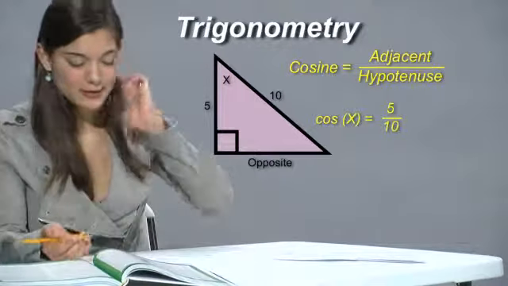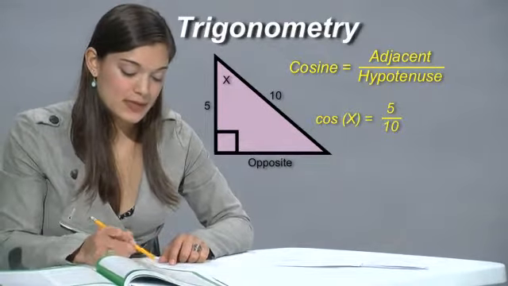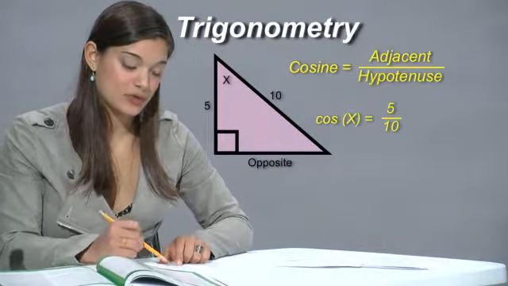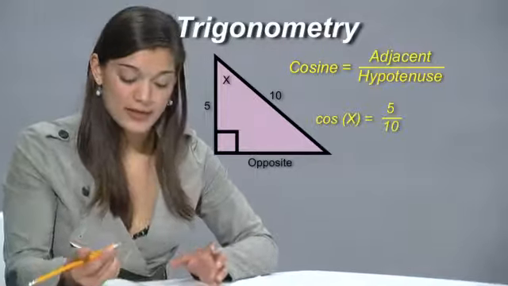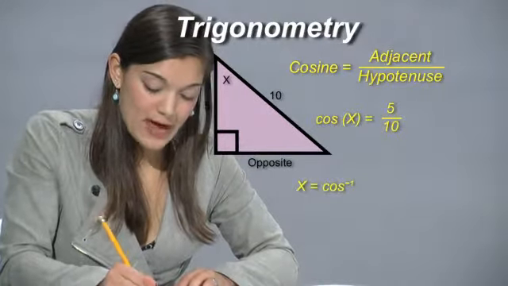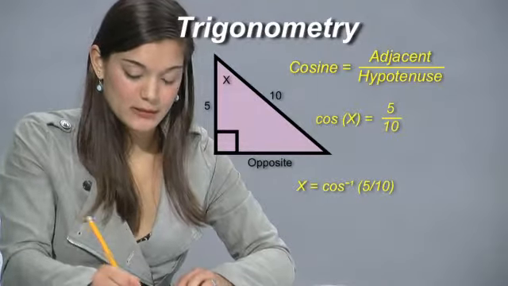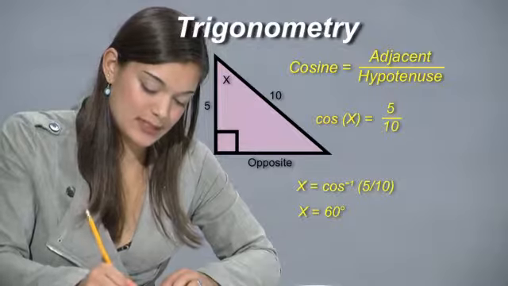It's the numbers we have here. So now in our calculator, we use the inverse cosine because now we're trying to get the degree instead of the side. So now all we have to say is the inverse cosine of 5 over 10 equals x. And now we get that x equals 60 degrees.